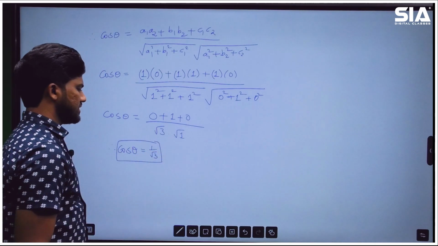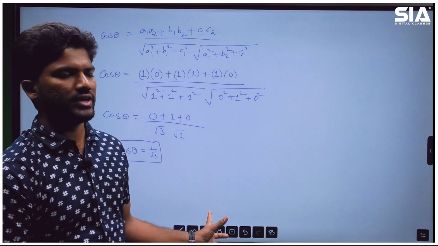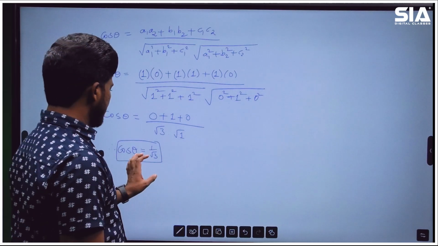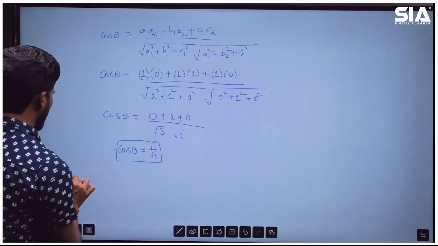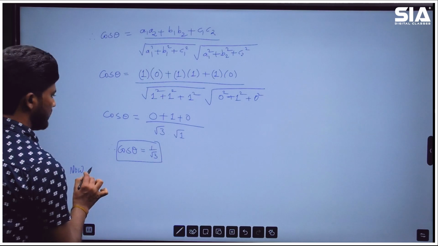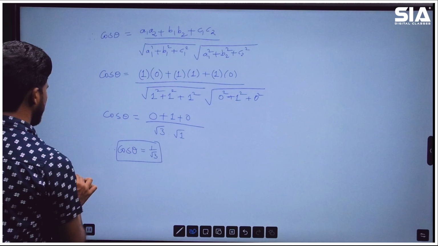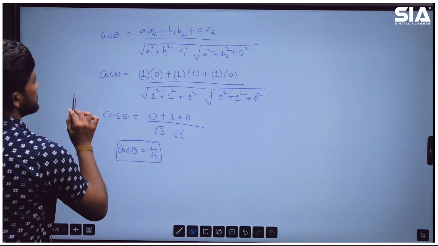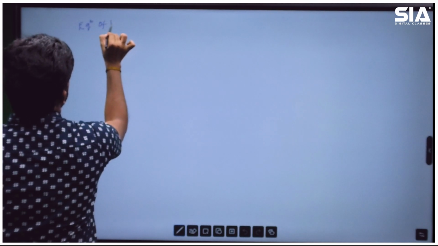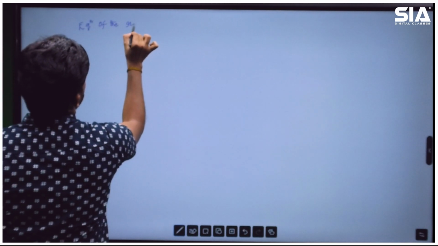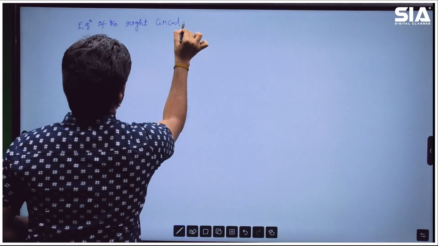From this value, cos theta equal to 1 by root 3, now the equation of the right circular cone, I'll write in the next slide.